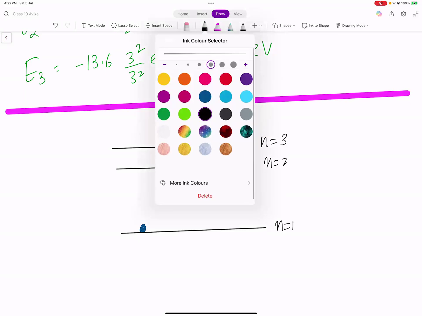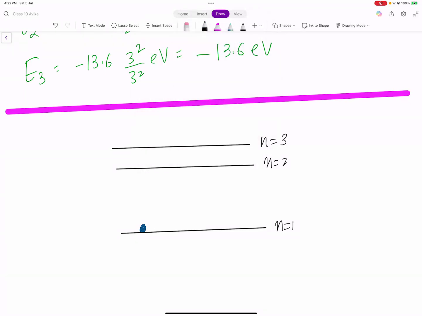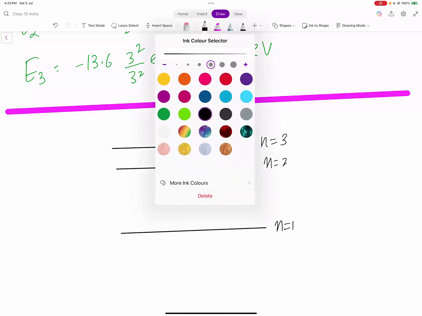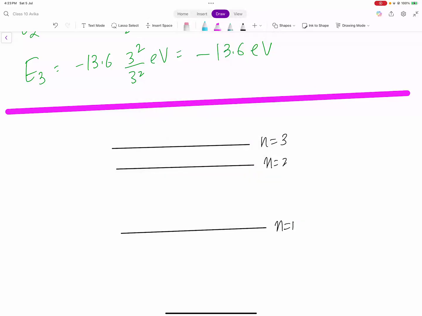I want a light blue. So this electron here, if it absorbs energy, it'll jump higher, right? That's clear, right? So if it absorbs energy, it goes up.